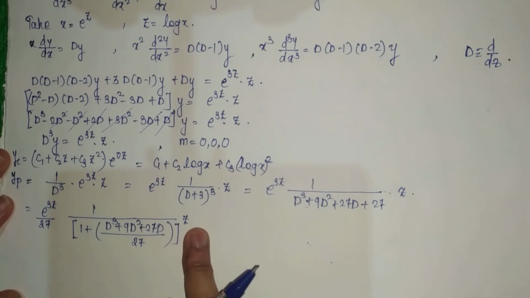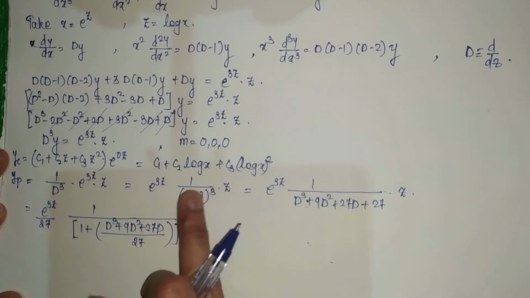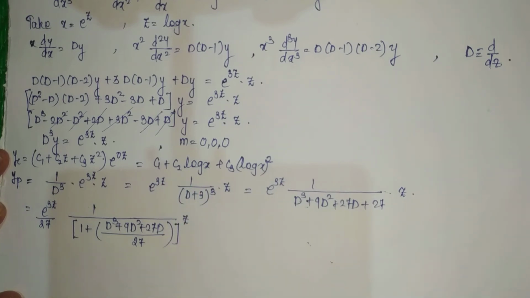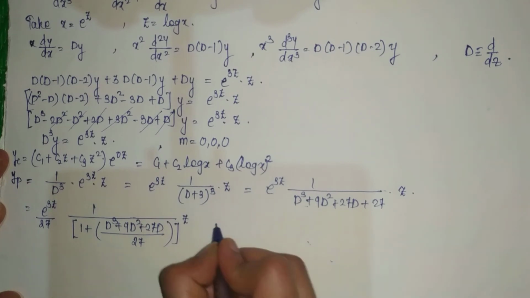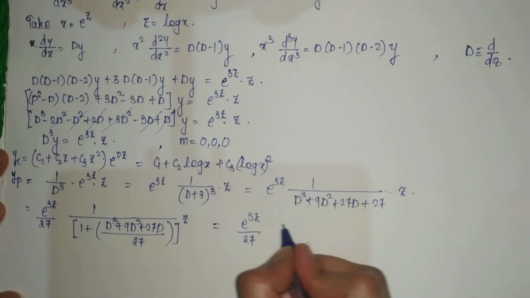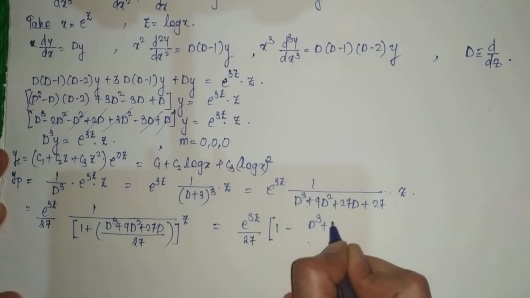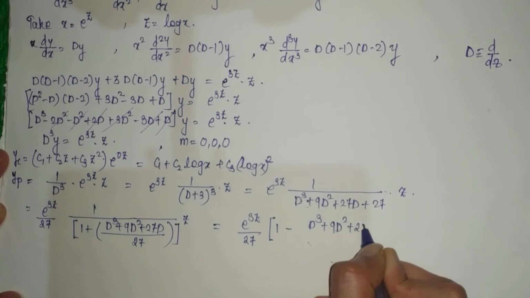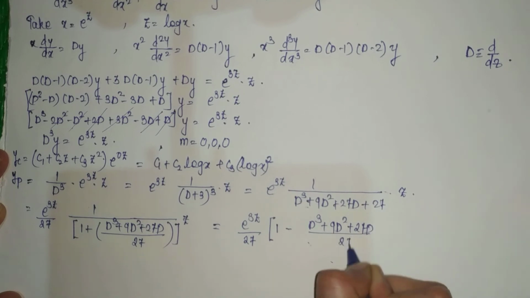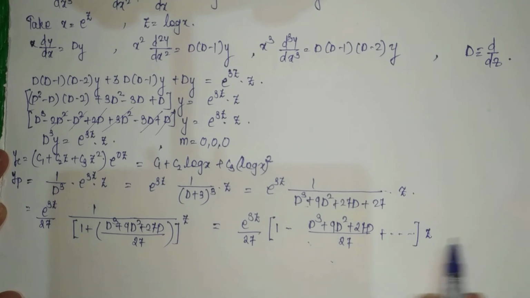The right hand side is z, the first order derivative is 1, second order derivative is 0. So we expand only to first order. We are not going to take higher orders because the derivative vanishes. So e^(3z)/27 [1 − (D³ + 9D² + 27D)/27 + ...] over z.